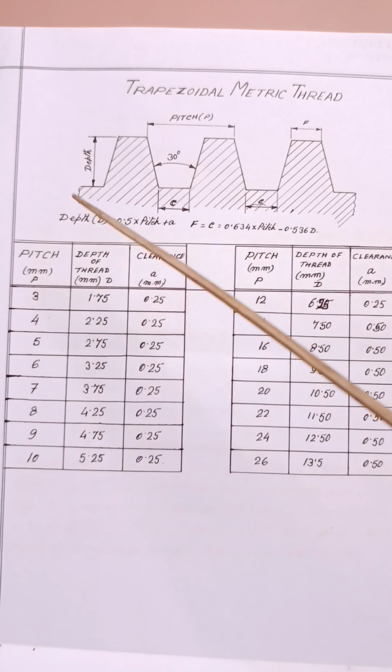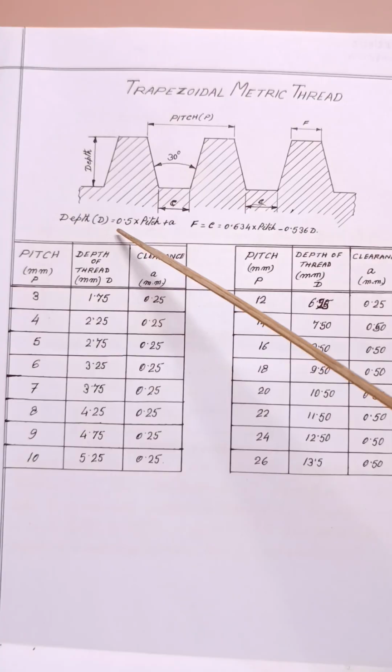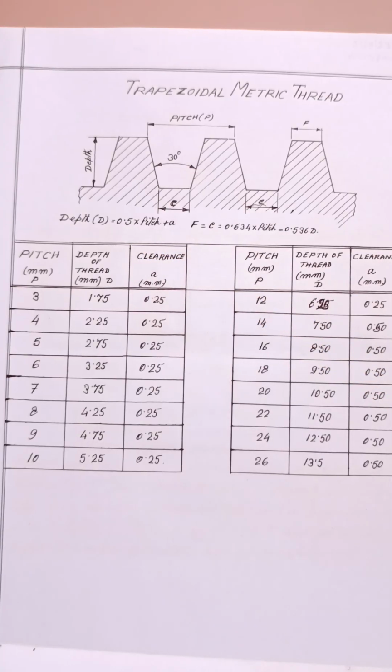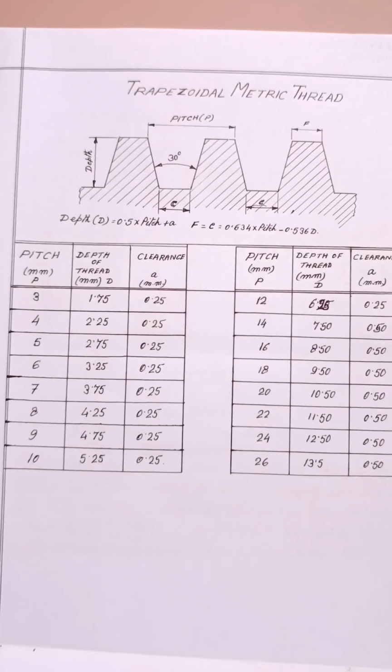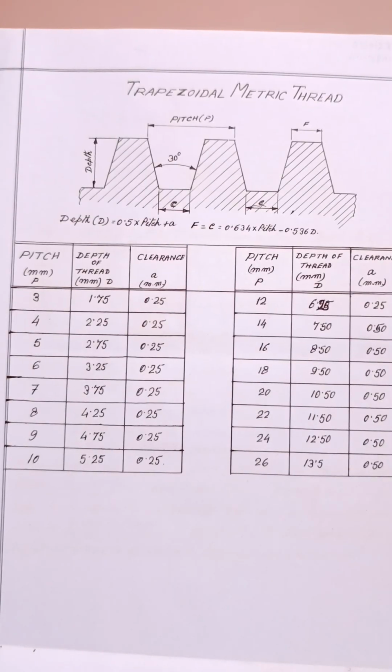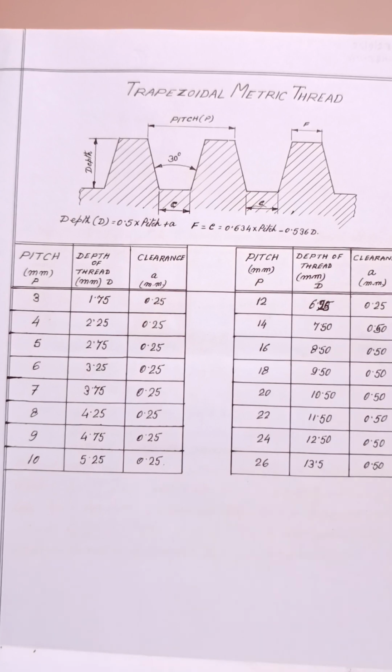We have to make the depth of the thread equal to this formula. We have to learn it by heart, because in a workshop you may not be able to get these formulas. Big workshops where these types of jobs are manufactured have a chart fixed on the wall of the machine or a nearby wall of the workshop, as a guideline for the operators.